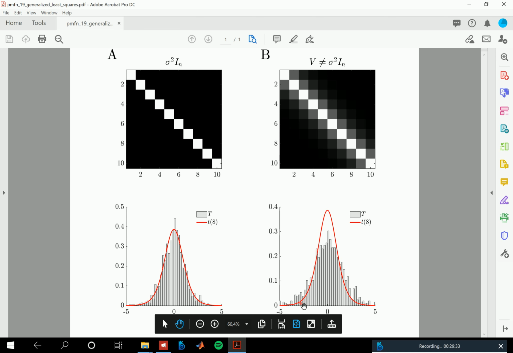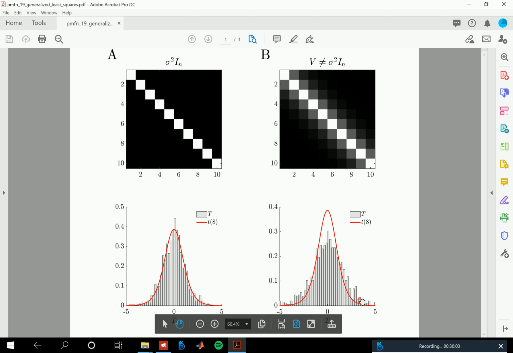So we get sampled t-values here where the t-distribution says the probability is actually quite low. In reality, we have a higher probability of observing something here than predicted by the model. So we increase our false positive risk if we use the t-distribution for statistical testing.